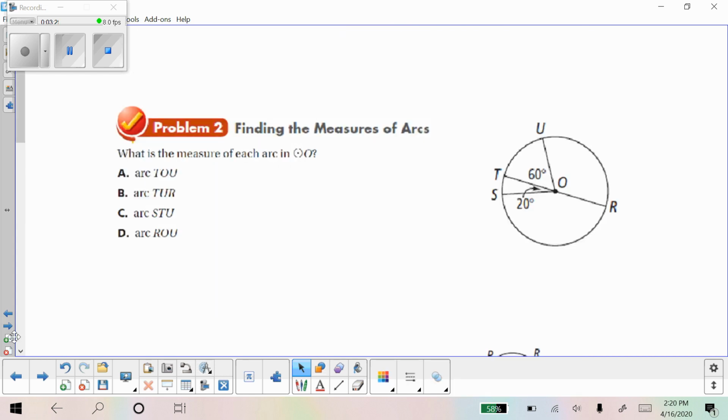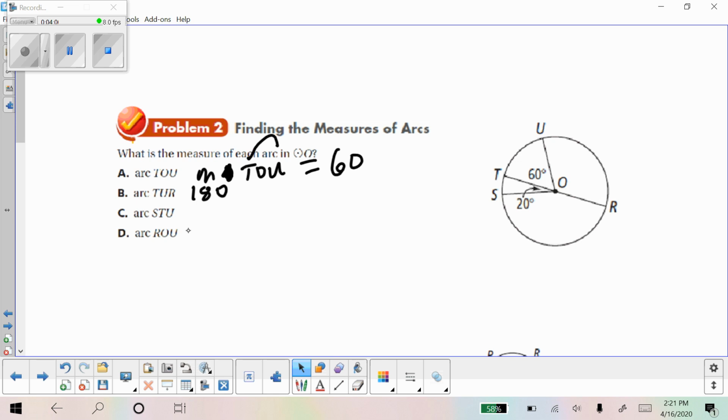All right, so finding the measure of arcs. The measure of arc TOU is equal to 60. Arc TUR is a semicircle, so that's going to equal 180.